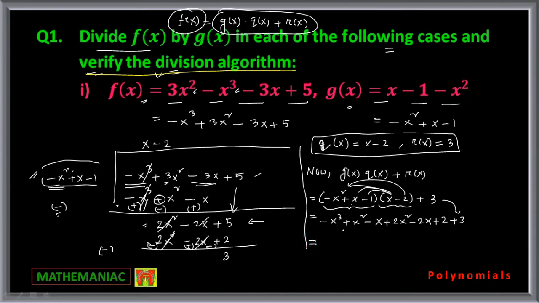Now just check whether you are going to get the ultimate f(x) or not. There is no other term except x cube, so this will be okay. Then this is plus x squared plus 2x squared added up to get this as plus 3x squared. Then minus x minus twice x gives you minus thrice x, and then ultimately this is 2 plus 3, 5.